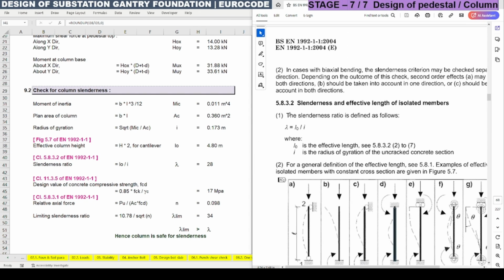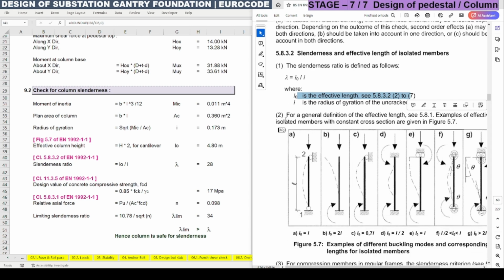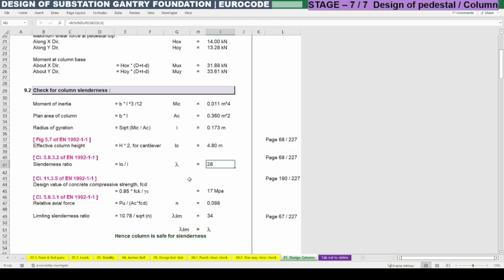Here you can see the slenderness ratio is defined as lambda equal to L naught divided by i. L naught is the effective length, which is described in 5.8.3.2 (7), and i is the radius of gyration. The same way we have calculated that.